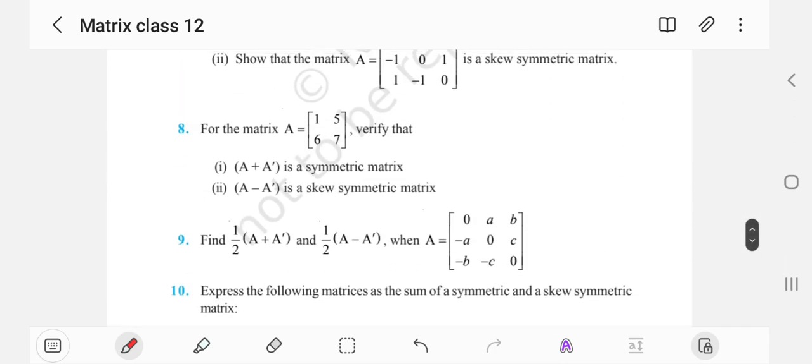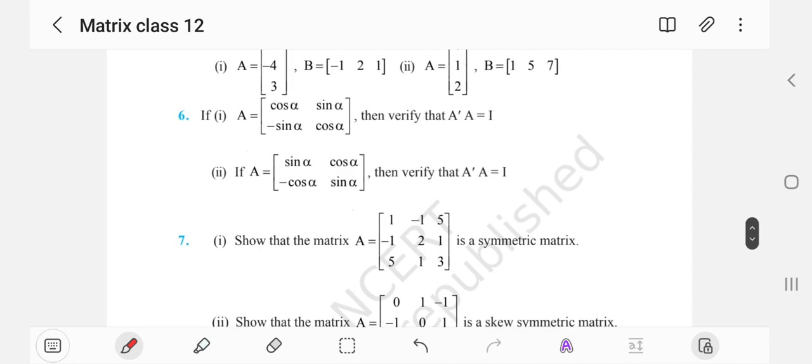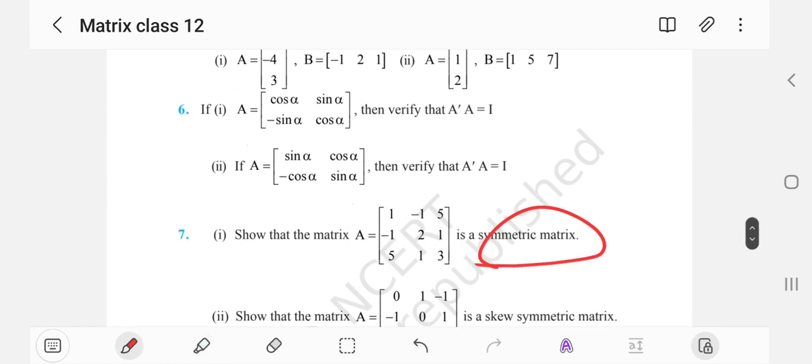Also you can verify that it is symmetric in your mind using the trick. What was the trick? I am again explaining that the corresponding elements should be the same. As you can see, I am again highlighting. The minus 1 is same as minus 1. Here 5 is same as this 5.